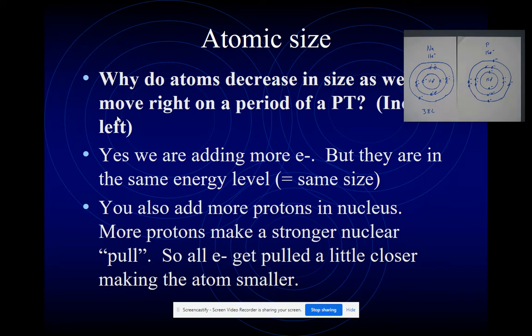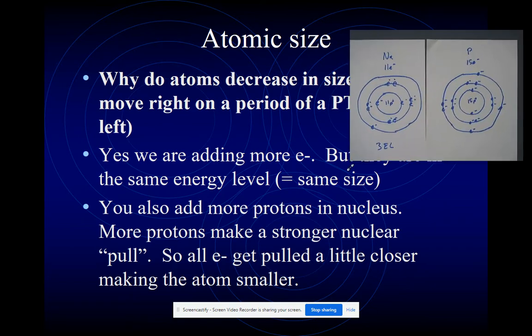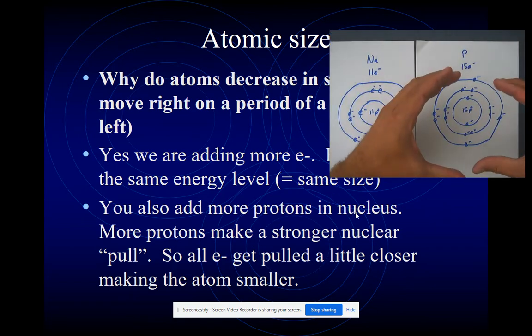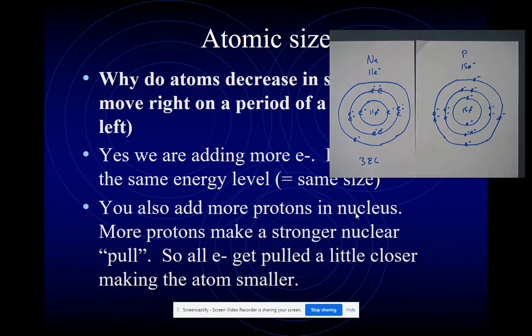And this will take all of the electrons in all of the levels, and they will shrink a little bit closer. This whole ring gets pulled in a little bit smaller every time you add a proton. And so 11 protons trying to attract 3 energy levels close by is not as powerful as 15 protons that will draw electrons closer. Okay?